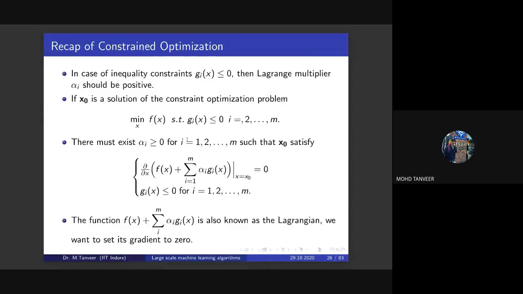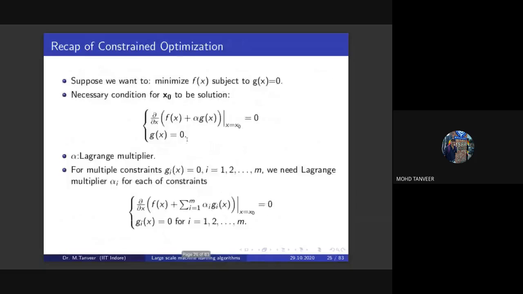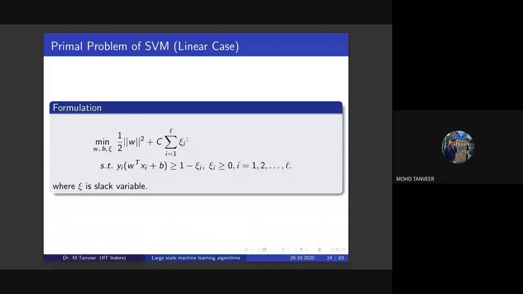Now, as I mentioned, my focus is to get the dual of this formulation. How to do that? First we need to write the Lagrangian of this problem. How to write the Lagrangian? The objective function as it is, plus or minus alpha times the constraint.